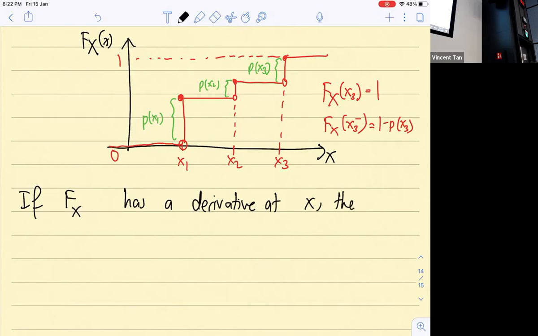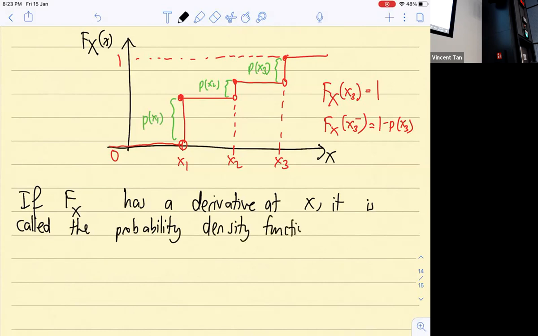The derivative is called the probability density function, or PDF, evaluated at x, and it's written as fx of x.